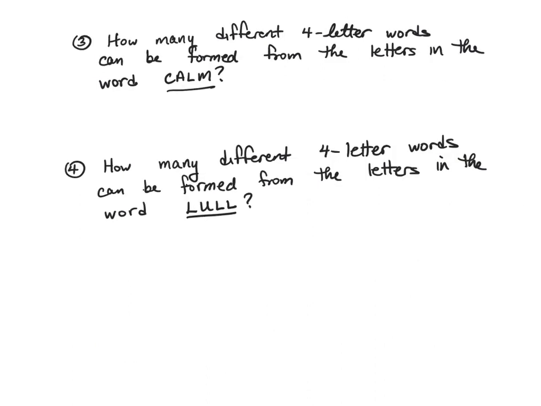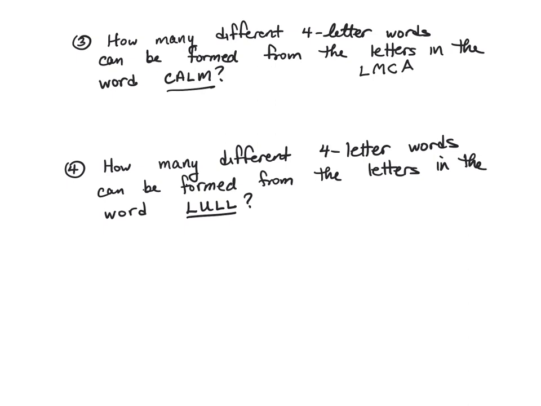All right, so problems 3 and 4 are alike, except there is a big difference between the two words. In number 3, we want to know how many different four-letter words can be formed from the letters in the word CALM. And the word doesn't have to make sense. For instance, I could have an arrangement like LMCA. That's not a word, but that's considered an arrangement.